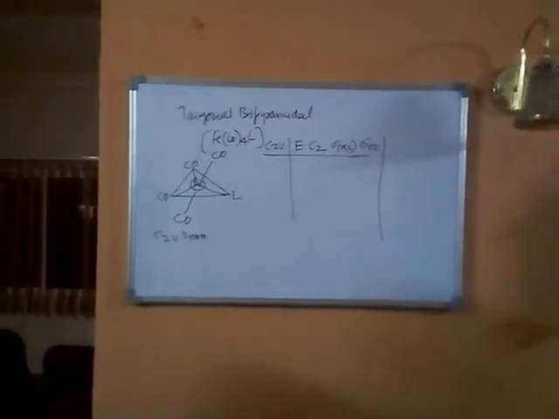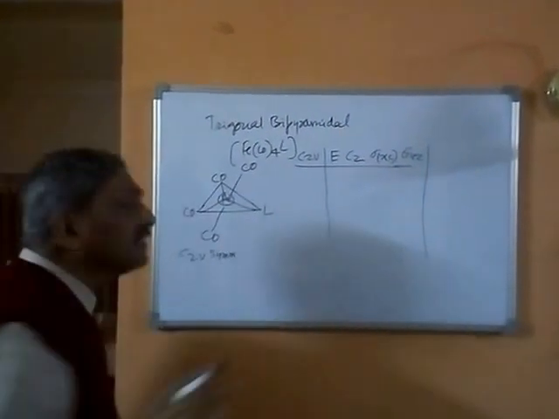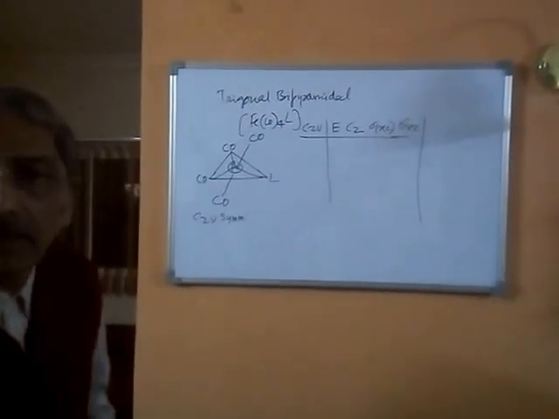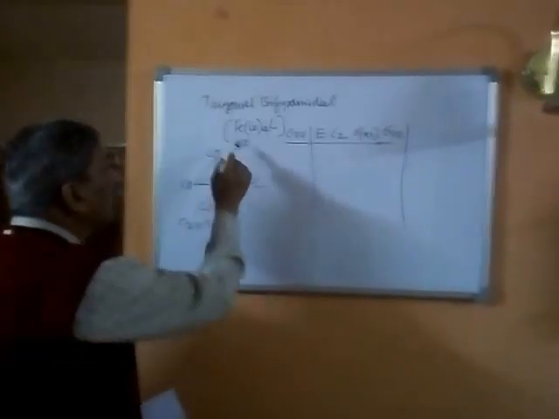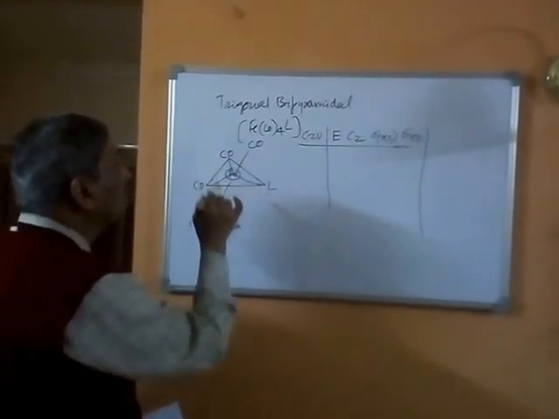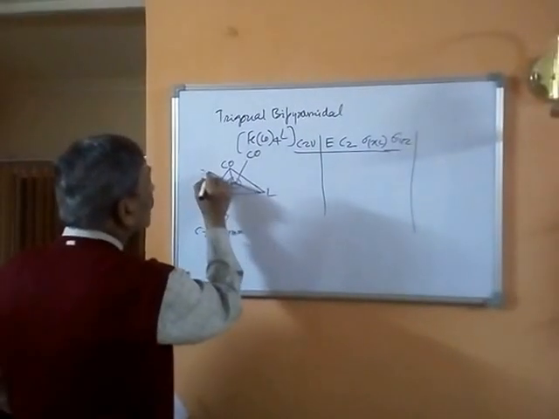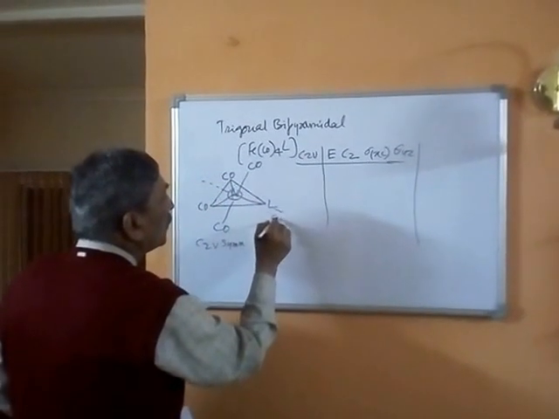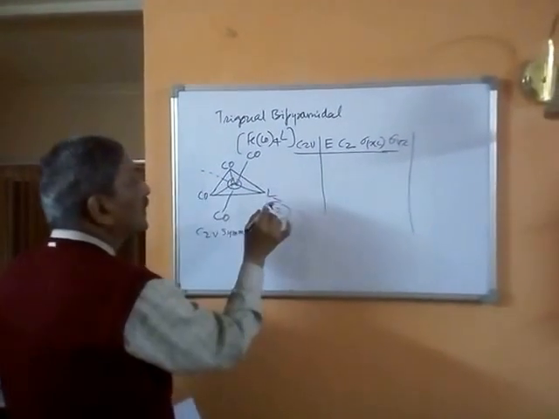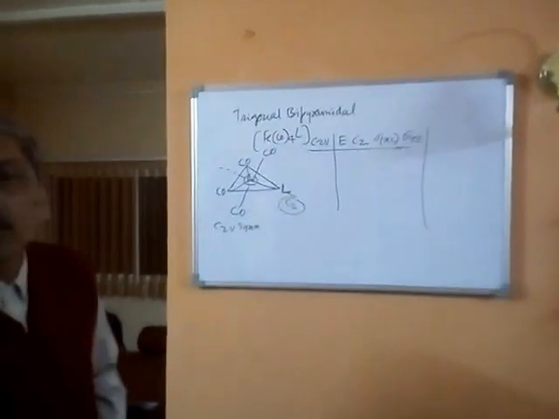Now, if you look at the transformation under E, you will find that all the four COs, in this case we need not subdivide into axial and equatorial separately, because the bond vectors for the axial COs, as well as the equatorial bonds, are also COs, and there is a C2 which is passing through L. So your C2, which is the major axis, is passing through L, and therefore there is not going to be a change in the L, whereas there is going to be a change in the other CO. So we need not divide it into two parts.